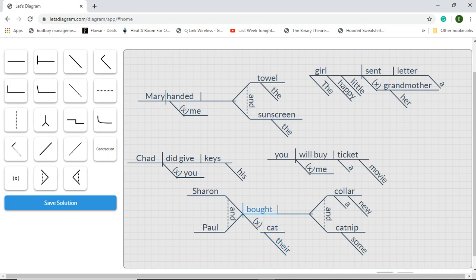What are they buying for their cat? They are buying a new collar and catnip, which is a compound direct object, and "and" is a coordinating conjunction connecting these compound direct objects. A is an adjective, and new is an adjective modifying collar. Some is an adjective modifying catnip.